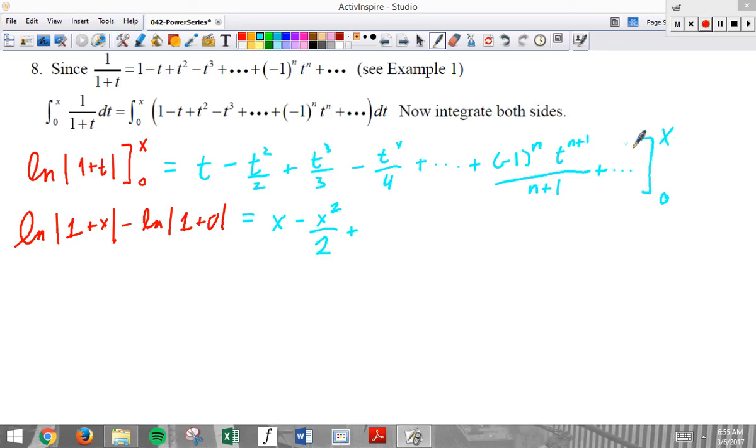I'm just plugging in x everywhere I see t. Easy peasy. A lot of students struggled with this on their test. They struggled with the idea, oh, I have to replace t with x. Yep. Oh, this says t. Oh, that says x.